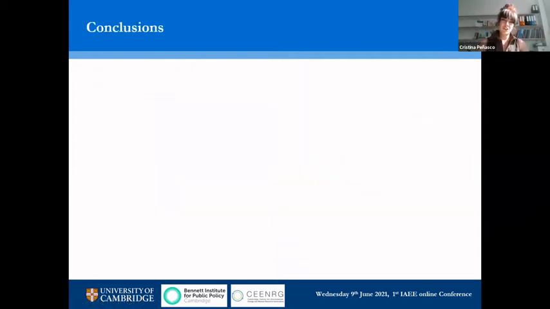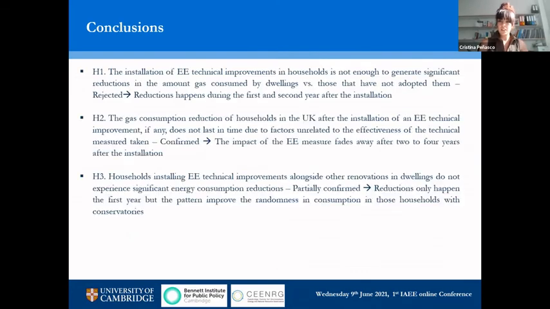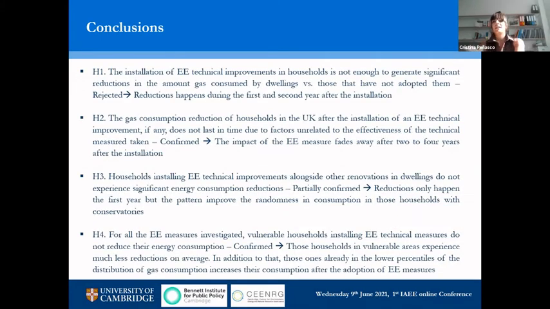So just to finish then, the results in this paper confirm that energy efficiency technical improvements are effective in reducing energy consumption in those households that undertake the measures, but energy efficiency effects fade out and are not long lasting, and energy efficiency gains disappear around 1 to 4 years after the treatment.